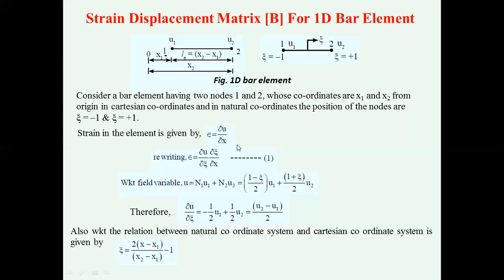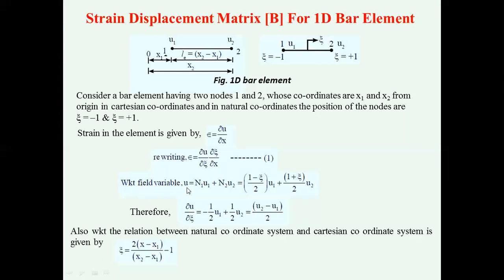Now I will rewrite this equation. I will multiply and divide by dou zeta. On rewriting, strain equals dou u by dou zeta into dou zeta by dou x. Call it equation number 1.